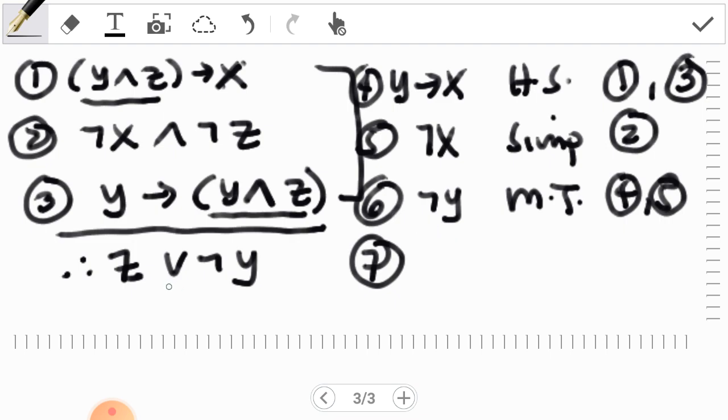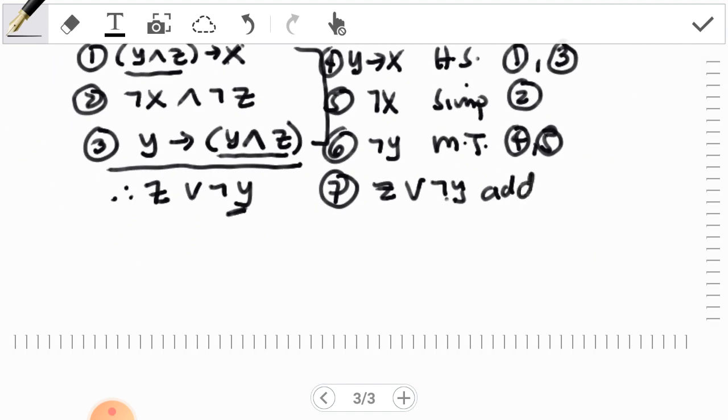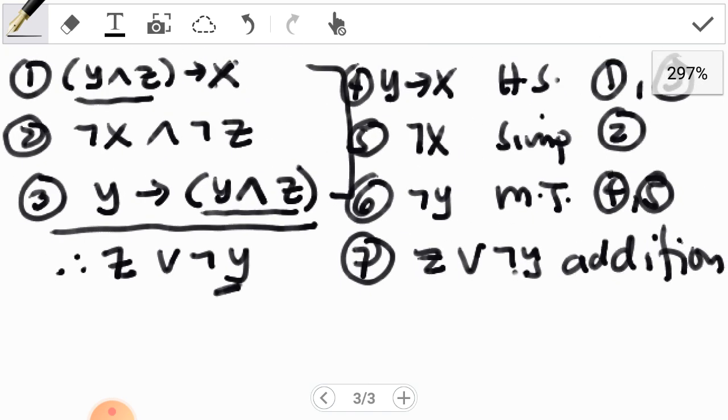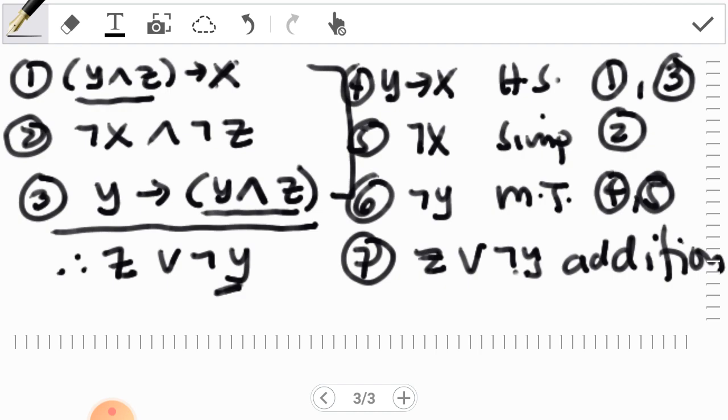And your conclusion uses the connective or. You already have here the proposition not Y, therefore you can just add Z. Z or not Y, addition in line number 6. And that's the conclusion already. So there you have it, the third example.